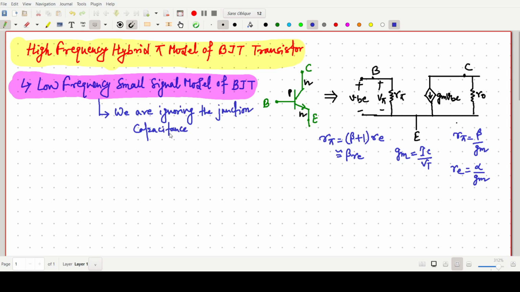Basically, between the P and N, from base to collector, there will be some capacitance, and we are ignoring that capacitance.